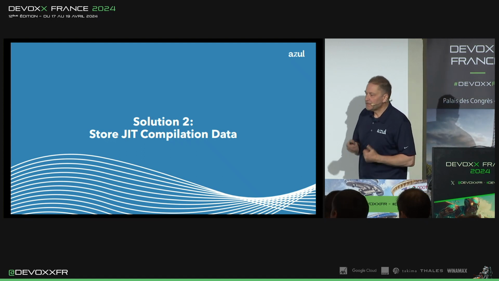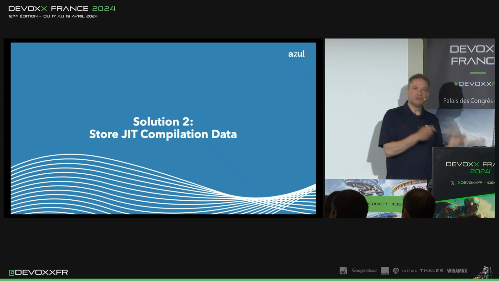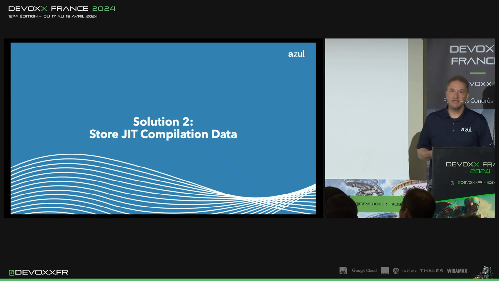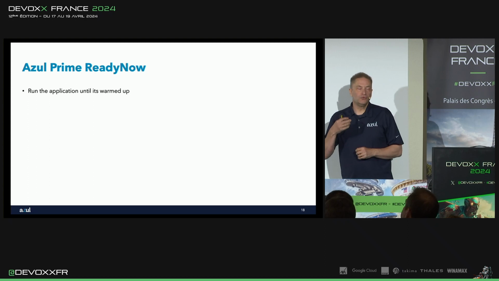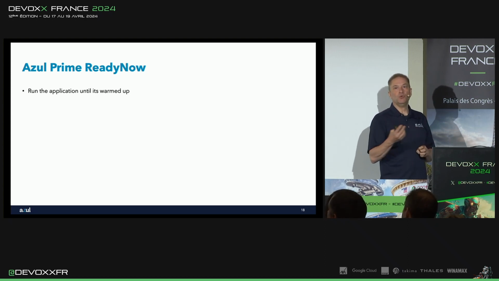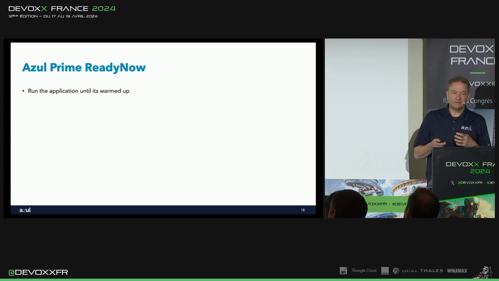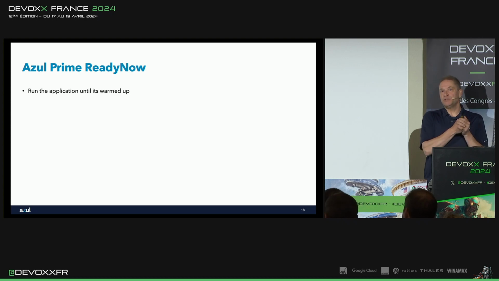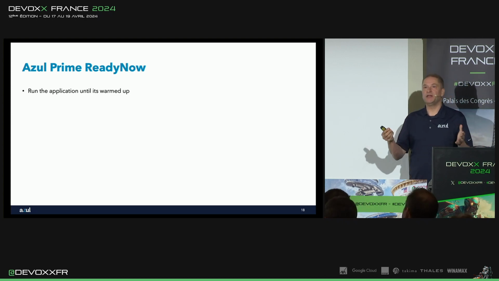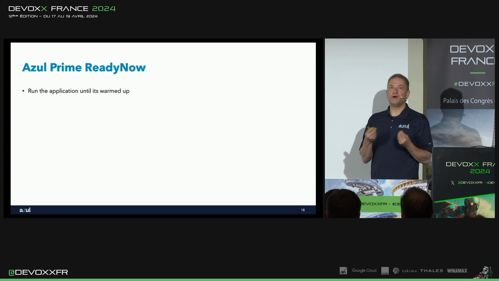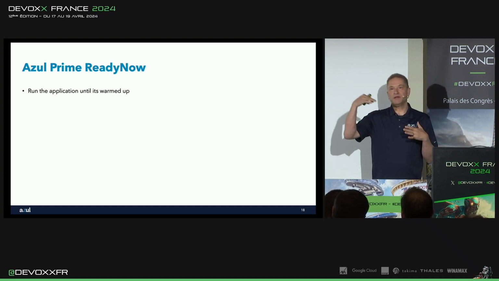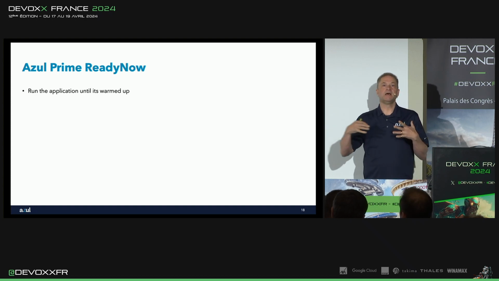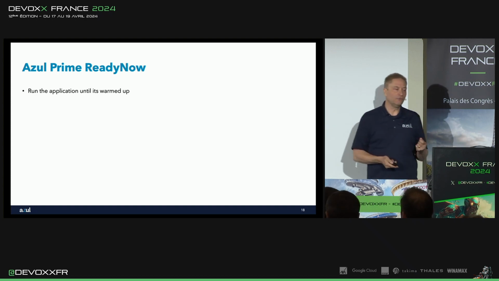Okay, let's look at the second approach to this. What if we store the JIT compilation data? This is a thing that we've developed at Azul. It's called Ready Now. It's part of our Azul Platform Prime. What we do there is we run the application and take the same approach that profile-guided optimization does. We let the application warm up, get to the point where you have a steady state, and then we record a profile of that.